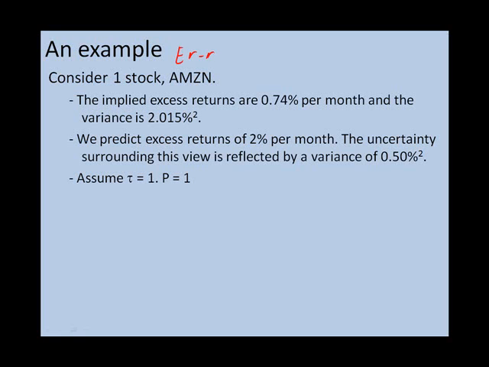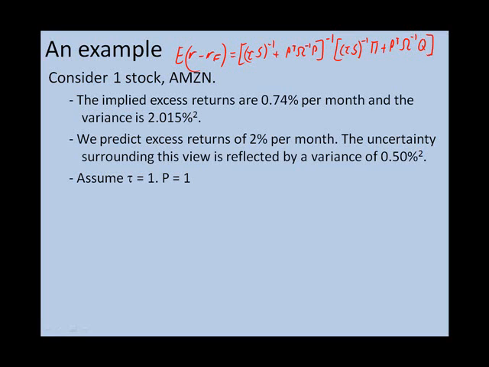The expected excess returns are going to be equal to (tau S inverse plus P transpose omega inverse P) to the power minus 1, all multiplied by the inverse of tau S times pi, which is our implied equilibrium excess returns, plus P transpose times omega inverse times Q, where Q represents our views.